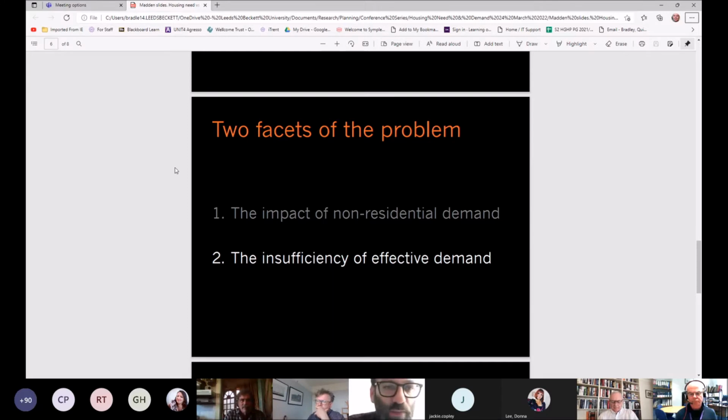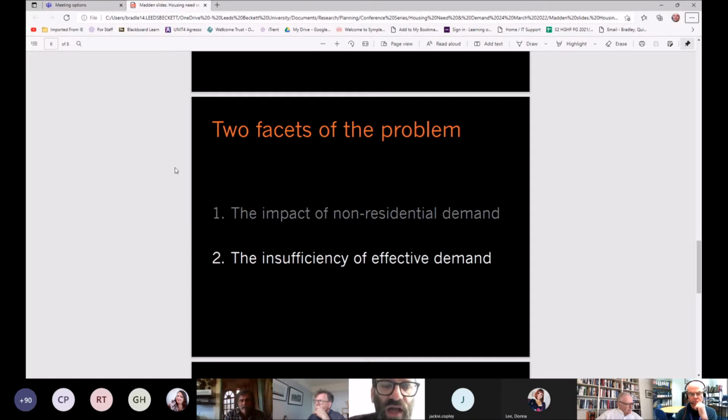It was recently reported that 84% of tenants in London pay more than 30% of their income on rent. And this is a reflection of unmet need for affordable housing. In the US, there's not a single state where a worker on minimum wage can affordably rent a one-bedroom flat.